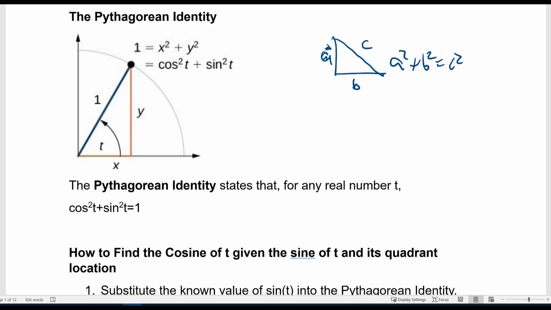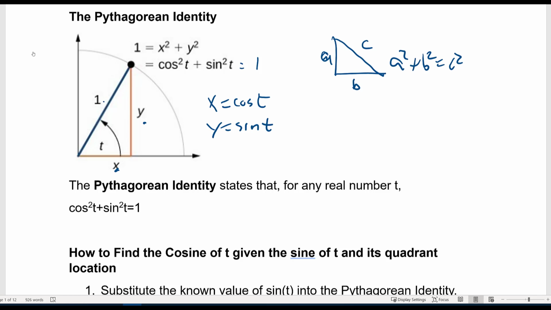We can translate that into this unit circle. X squared plus y squared is 1 squared, or x squared plus y squared is 1. But x is cosine t, and y equals sine t. So it's going to be cosine squared plus sine squared is 1.